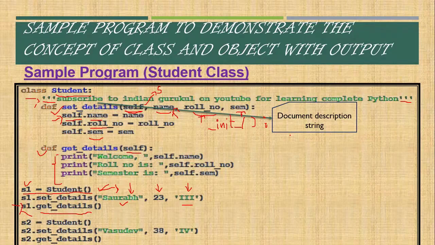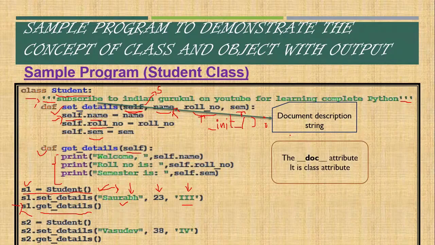If we want to know the description of our class or our document, there is an attribute, the underscore underscore doc underscore underscore attribute, and it is a class attribute. Over here it is written, subscribe to Indian Gurukul on YouTube for learning complete Python. If we want to print this statement, we first need the name of the class, that is student, followed by dot, and then underscore underscore doc underscore underscore, because it is a class type attribute.